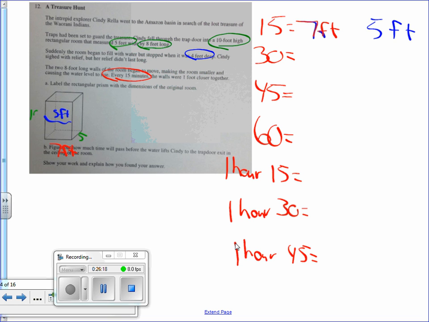The next thing, 15 minutes later, this 7 feet turns into 6 feet. Go ahead and write it over here. The water then would turn from 5 feet to, it's going to go up to 6 feet.